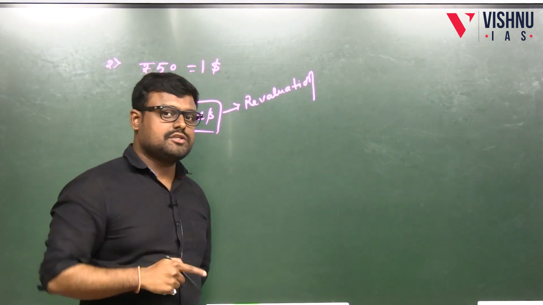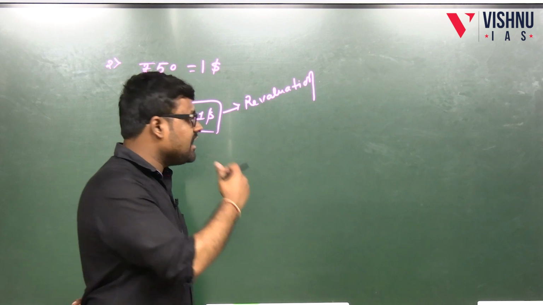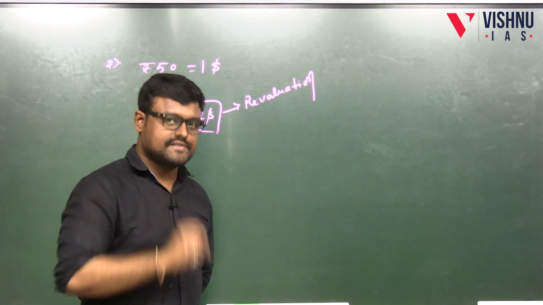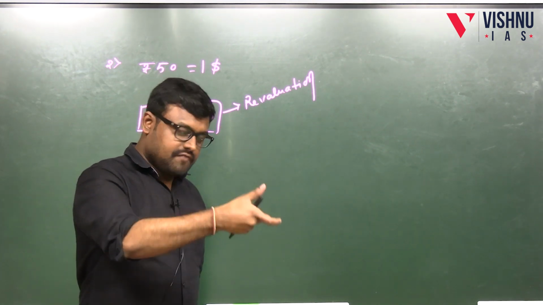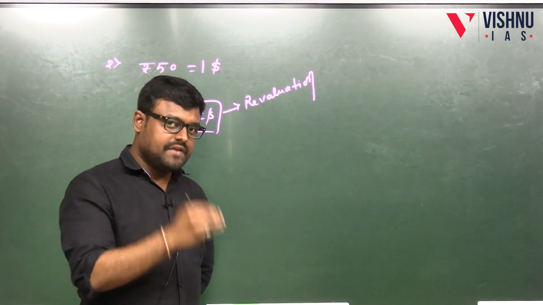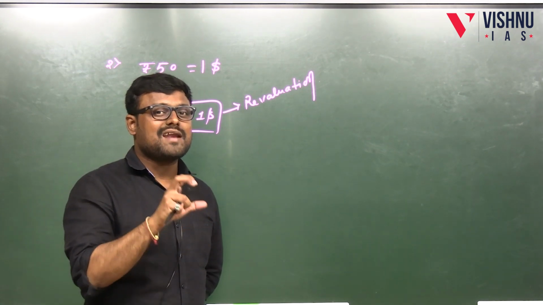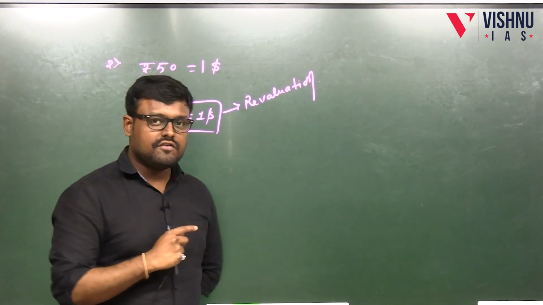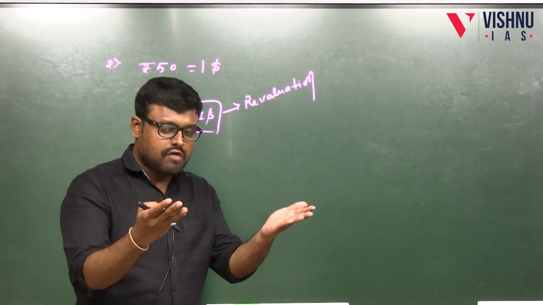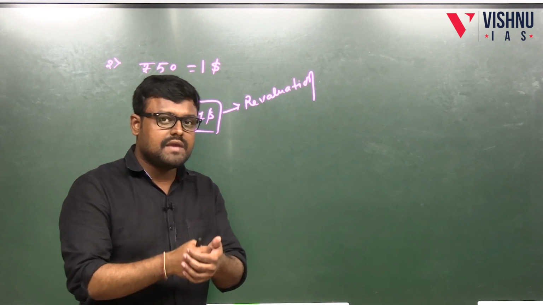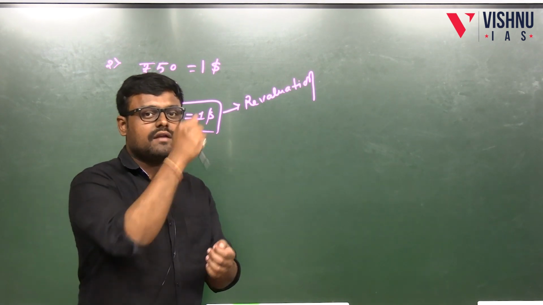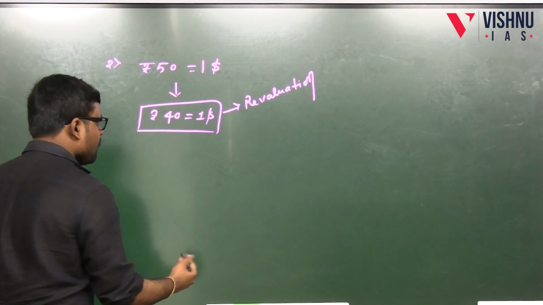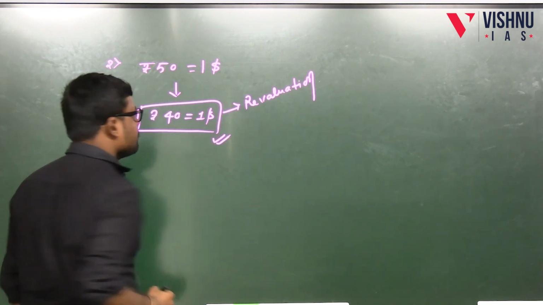Appreciation comes under the flexible exchange rate system. Revaluation comes under the fixed exchange rate system. Under a flexible exchange rate system, that is appreciation, it entirely depends upon the market forces of demand and supply. But in revaluation, the central government, or we can say the central bank, that is RBI, intentionally revalues the Indian currency. So this is revaluation.